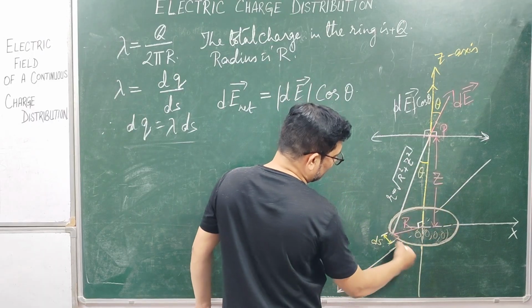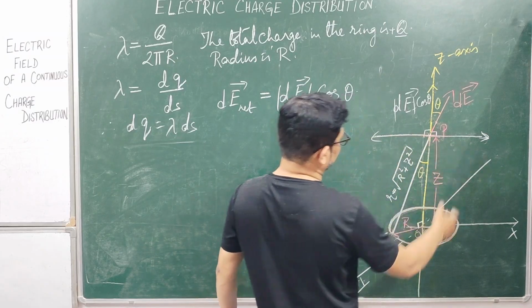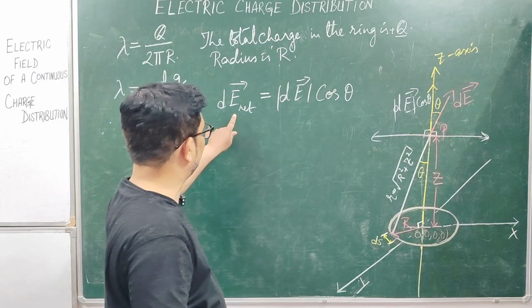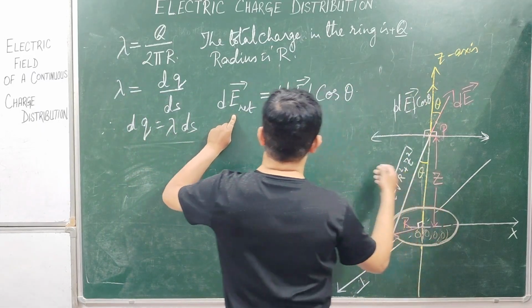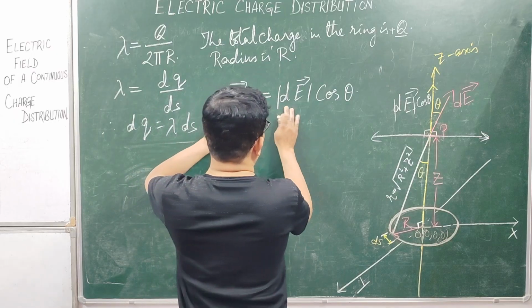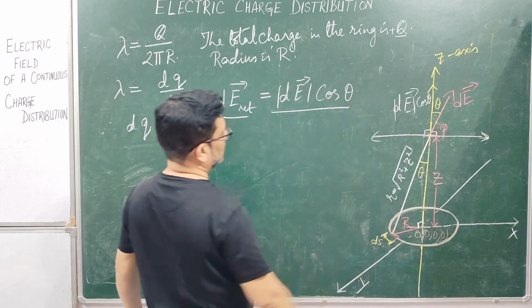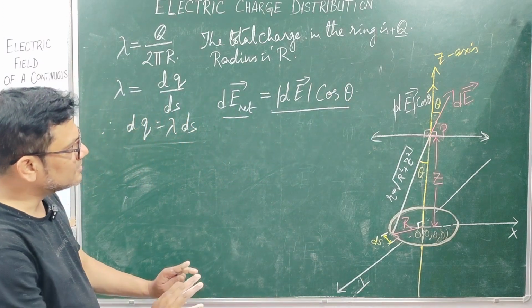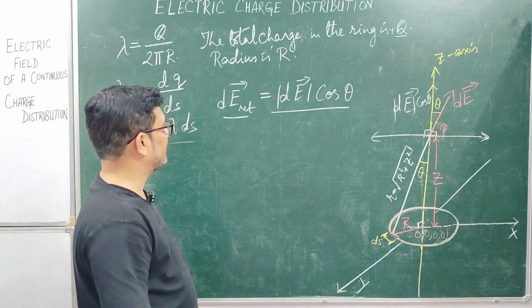However, in going around this, the perpendicular component is going to vectorially cancel out. So the net is going to just be in this direction for all. So for all those, we have to write that the net dE should be equal to dE cos theta. Just from the geometry, we are able to deduce these aspects, which is very important.